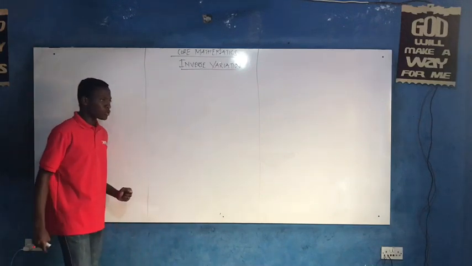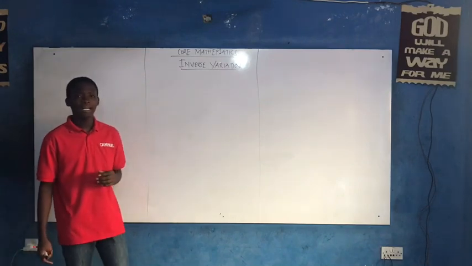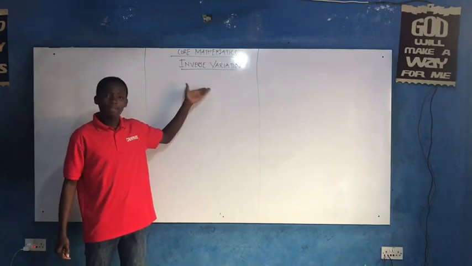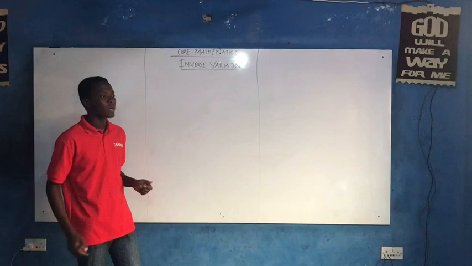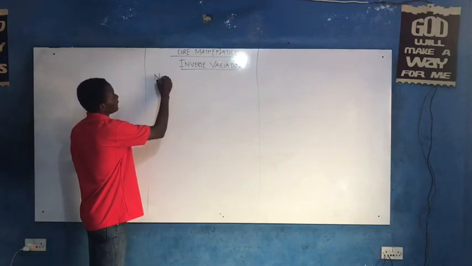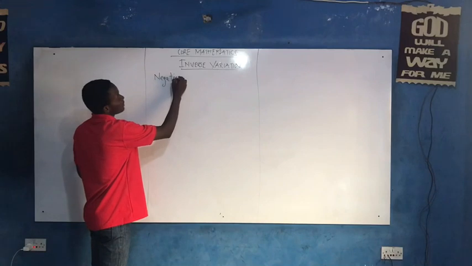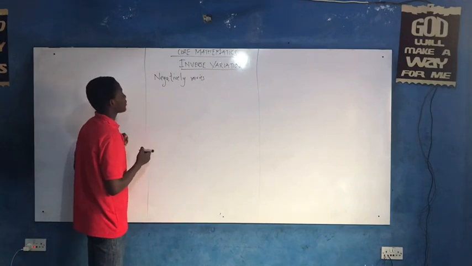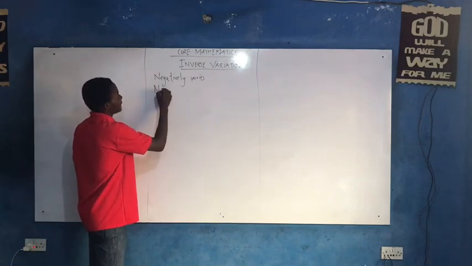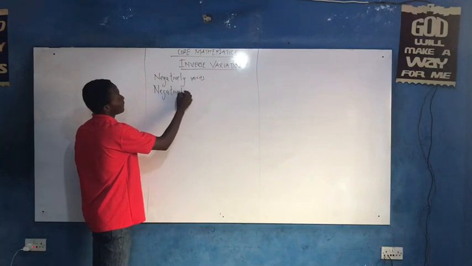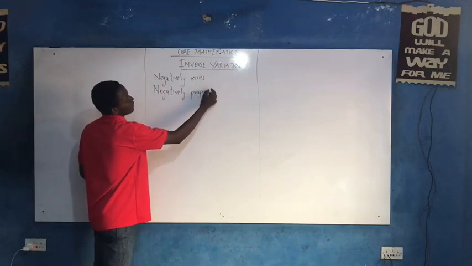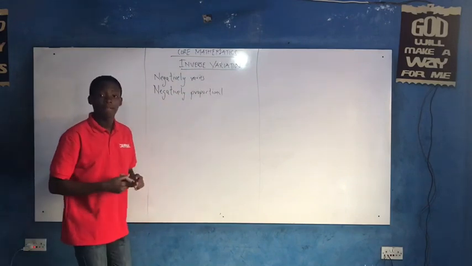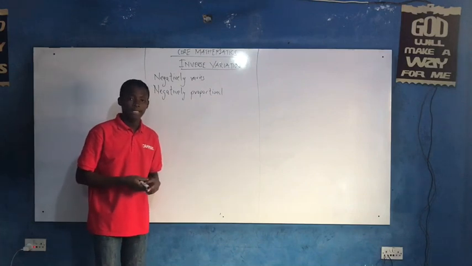So how do I know that a question is in inverse variation? To know that, we have to look for the words: negatively varies, negatively proportional, or inversely varies.